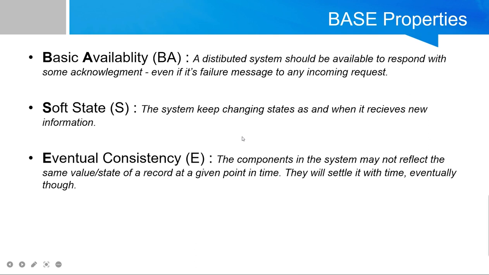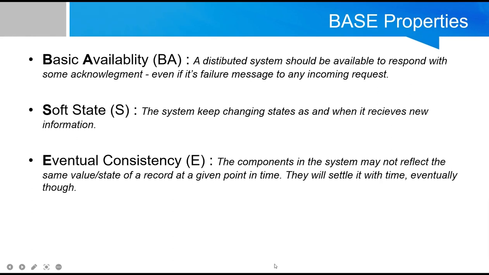Now what do we mean by the BASE properties? In BASE, BA refers to basic availability, S refers to soft state, and E refers to eventual consistency. Basic availability states that if you are working in a distributed system and a client is performing some task, your system must respond positively or negatively, but there should be a clear-cut acknowledgement from the system.